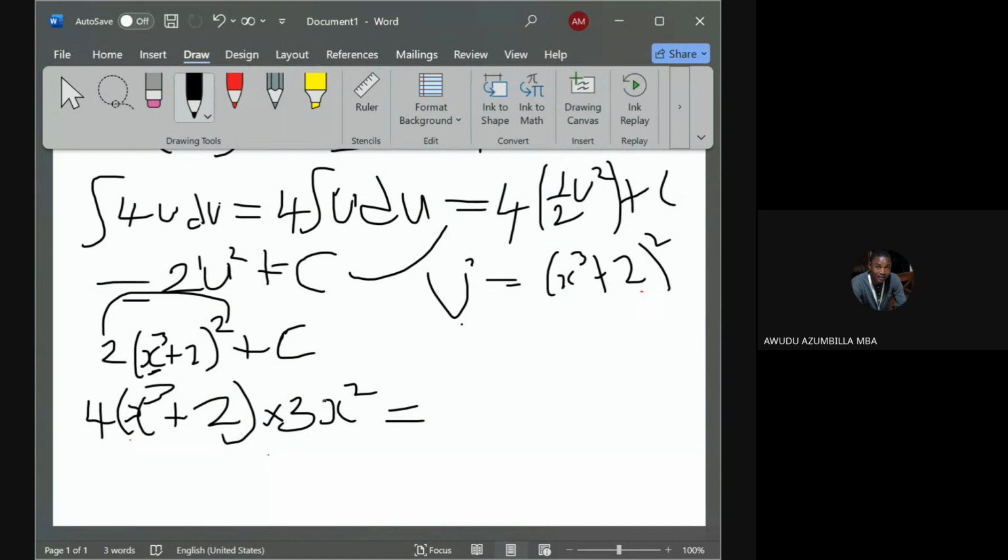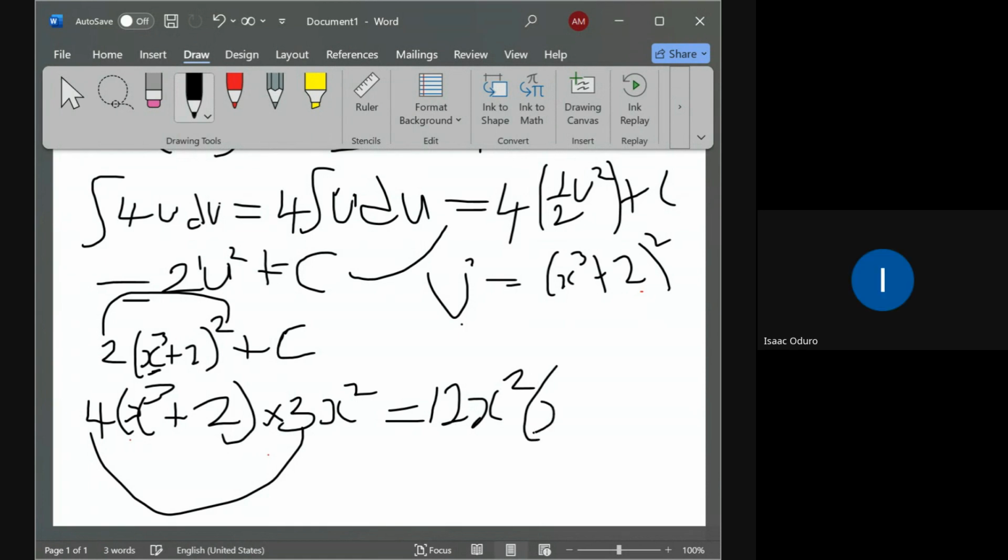Now, this is multiplication, so we can multiply this one by this so that we can simplify. 12 by 4 is going to give us 12x squared, then bracket x raised to power 3 plus 2.